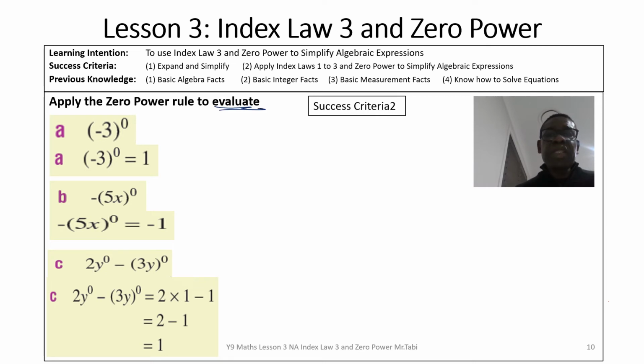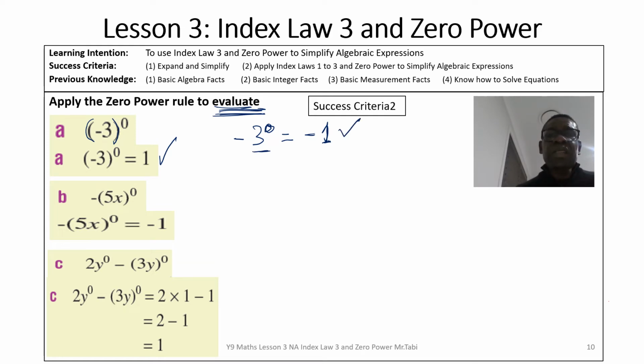Apply the 0 power rule to evaluate. Now, evaluate means we want the final answer. Minus 3 to the power of 0, and you can see the bracket covers all that. So the answer is equal to 1. If the question was minus 3 to the power of 0 without the bracket, the answer is minus 1, because the power 0 is only for the 3. The minus sign is there.